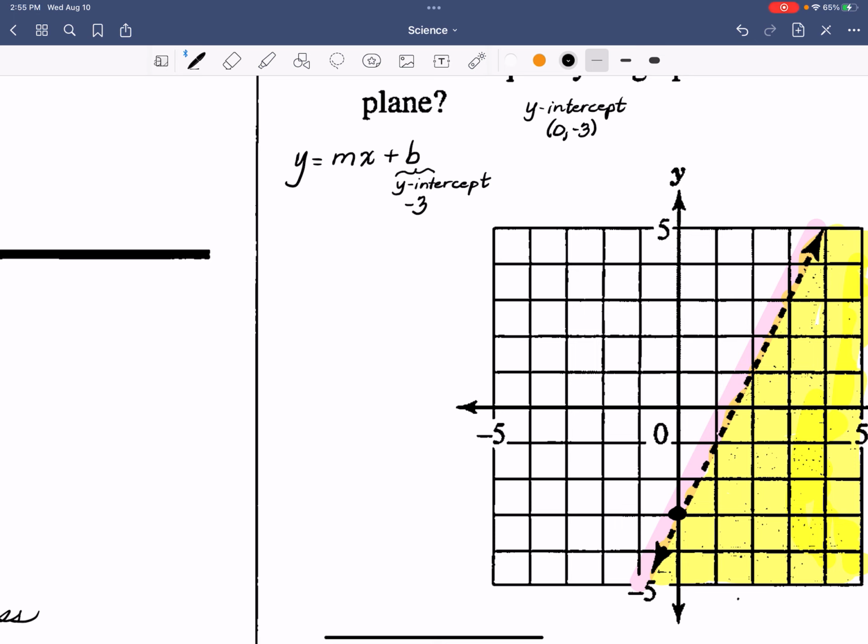And I'm going to pick this one right here. I like one that intersects exactly. So I'm going to go over 2 and up 1, and so that will be my other point. You can use any point that is literally lying on that pink line. It has to be on the line for it to work.